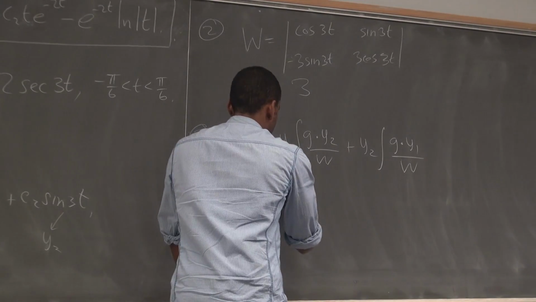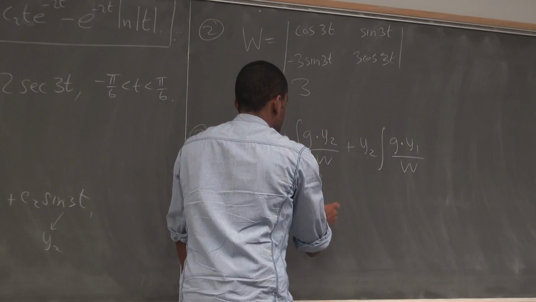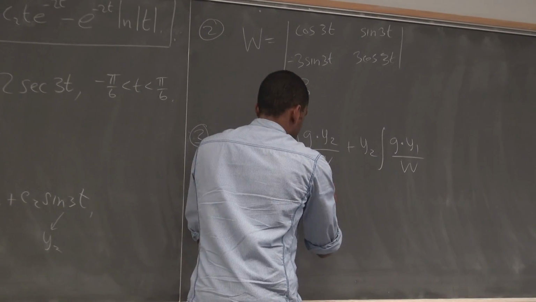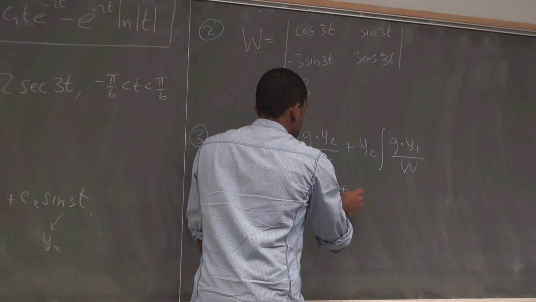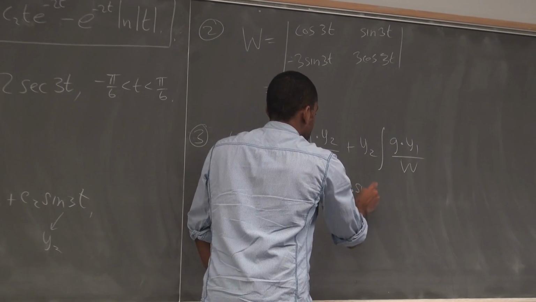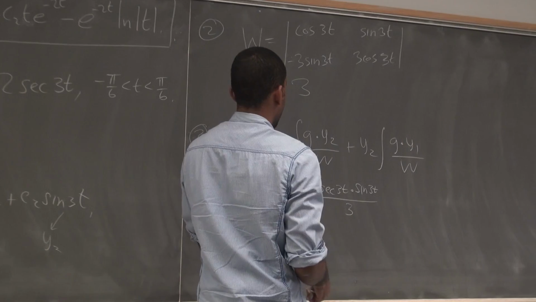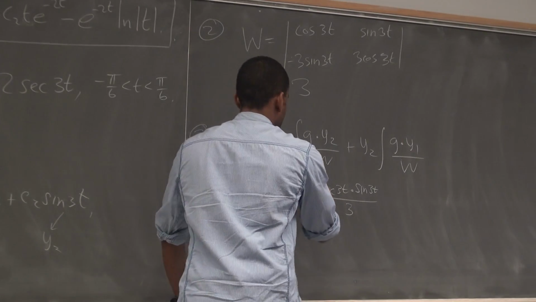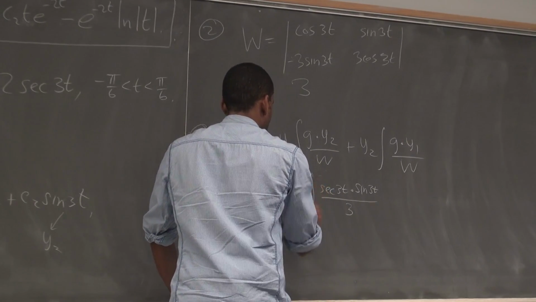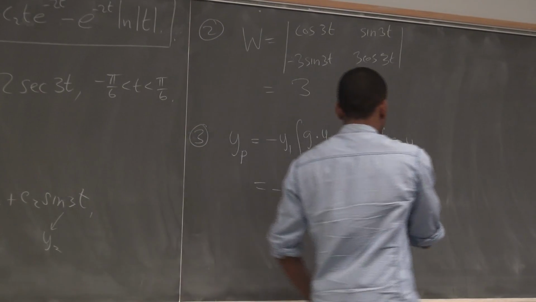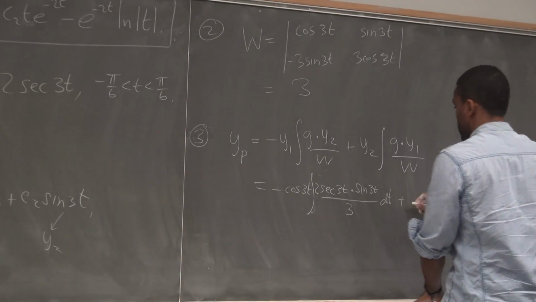So it's minus cosine 3t times the integral of g, 2 secant 3t, times y2, sine 3t, all over 3, plus sine 3t times the integral of 2 secant 3t times cosine 3t over 3. Remember, technically it's a definite integral.